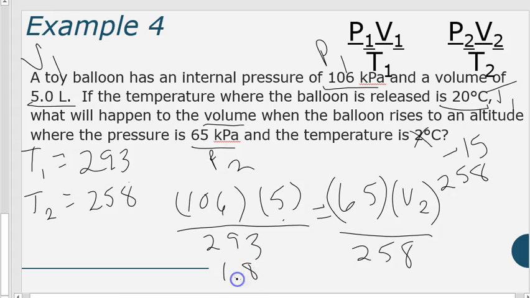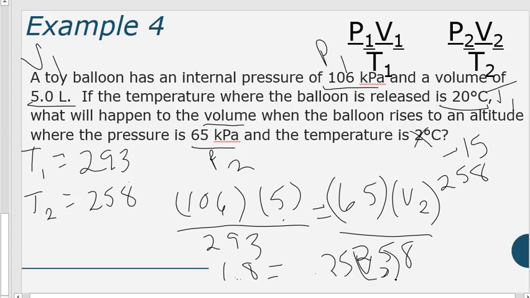So just to simplify this a little bit, 1.8 equals 65 divided by 258 gives us 0.25. Okay, and that's 0.25 times V2, right?